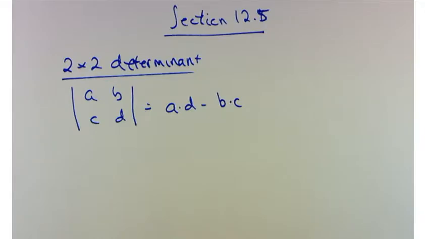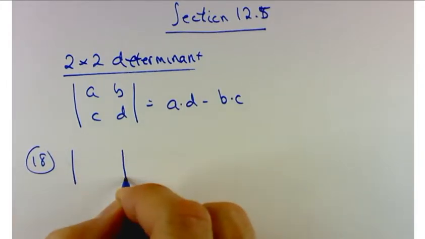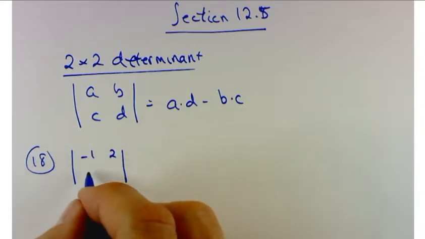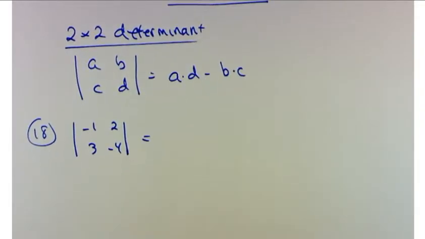Let's practice a couple simple ones to get started, like problem number 18. -1, 2, 3, and -4. So the author, in a burst of creativity, comes up with this challenging problem here for us. Let's see if we can come up with our answer.